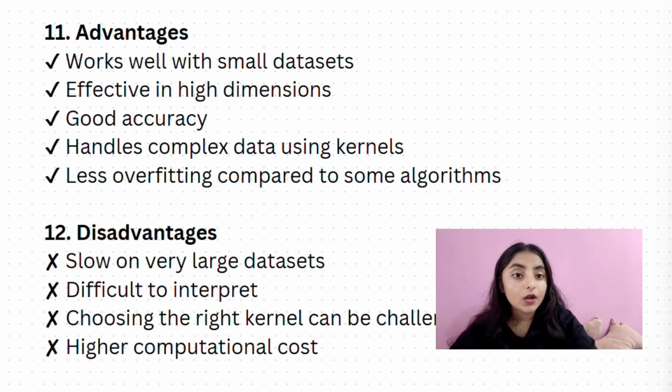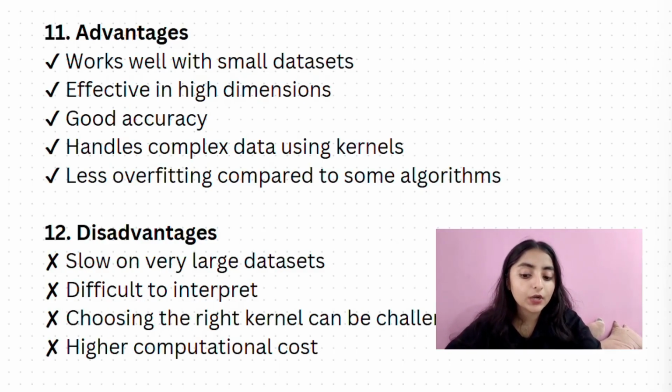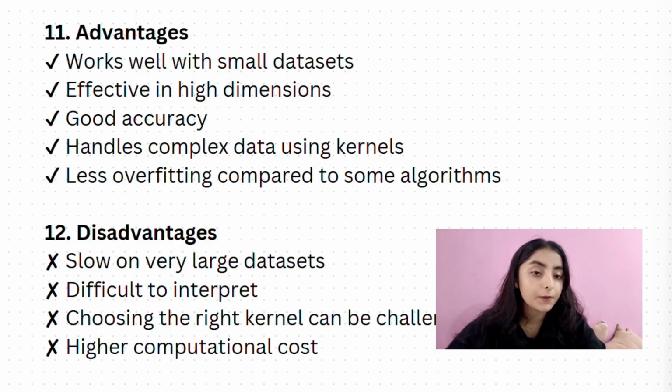So the advantages: it works well with small datasets, and it is efficient in high dimensions. I told you about maximum margin, so it is very efficient in high dimensions and will give good accuracy. It will handle complex data using kernels and has less overfitting compared to some algorithms.